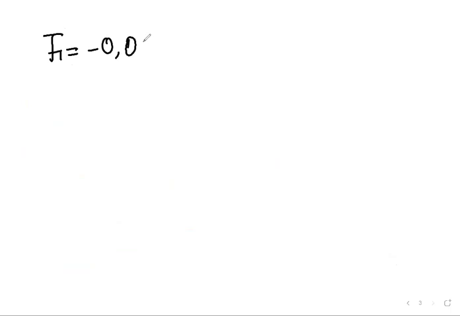Negative 0.079. So it will be amperes. So here you know that current can be negative. So you'll say therefore I1 equals 0.079 amperes. So that negative, what does it represent? It simply represents the direction, right?